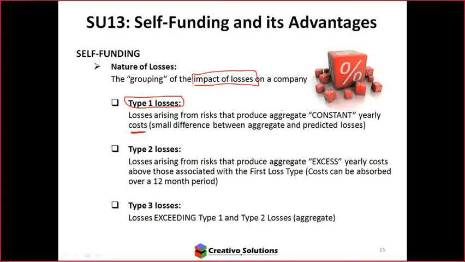Type 2: losses arising from risks that produce aggregate excess yearly costs above those associated with the first loss. Costs can be absorbed over a 12-month period. For example, can the retailer be broken into by burglars? Yes.